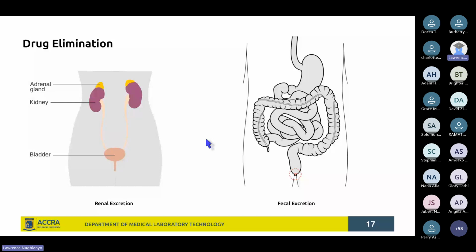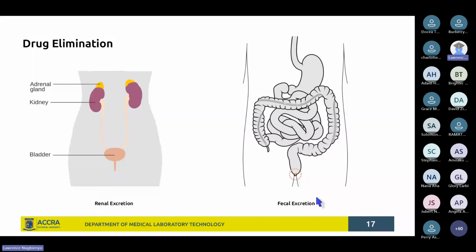And you have different pathways by which this excretion occurs. If it is through urine, we refer to that as renal excretion, because then the drug is getting filtered in the kidneys and will be excreted through urine. If it is getting excreted through stool, that's fecal excretion.